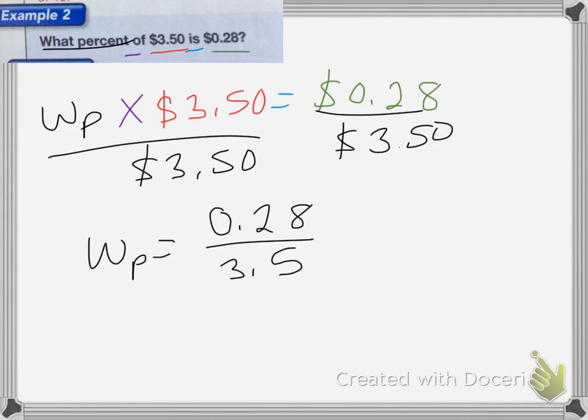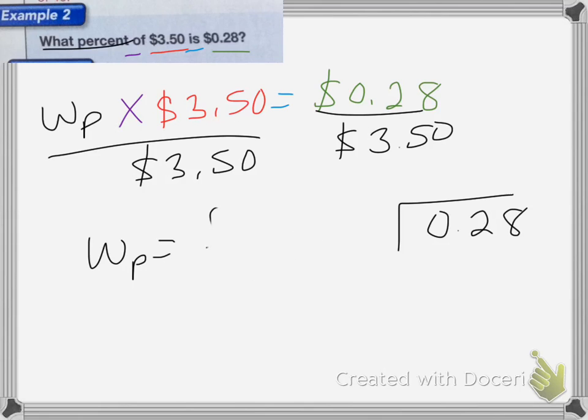Okay, well, if I divide that, remember, with decimals, we cannot divide by a decimal, so I have to move the decimal place over once here and over once here. So I end up with 2.8 divided by 35.